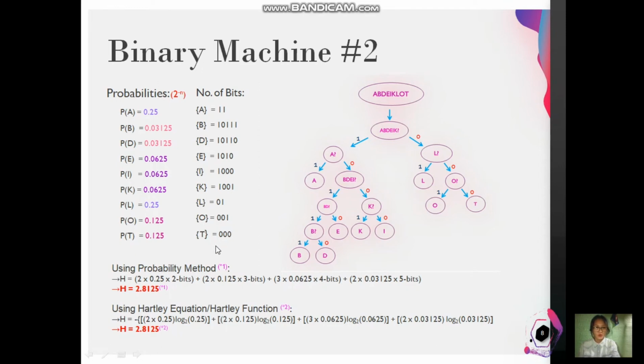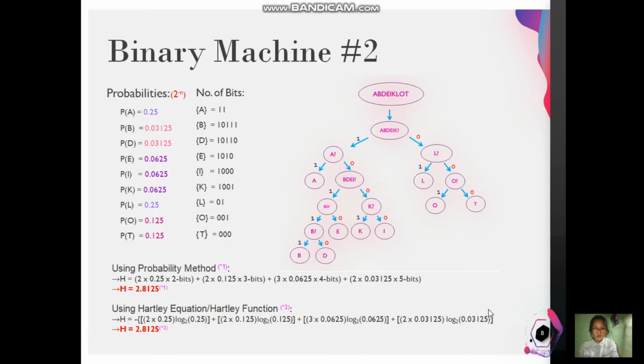Using the probability method, we have the answer 2.8125. In the second method, we use the Hartley function given by this formula.